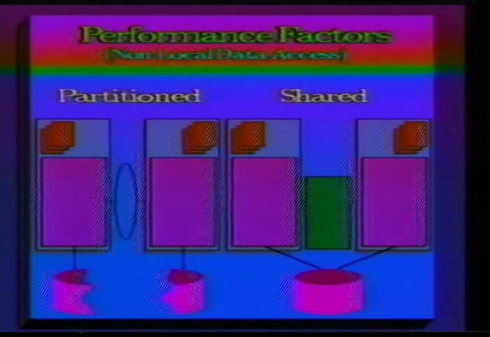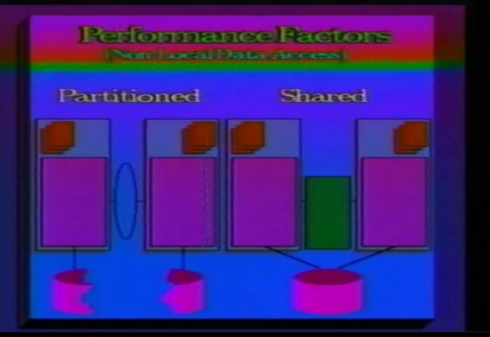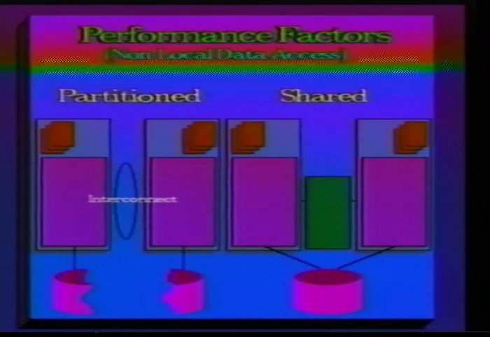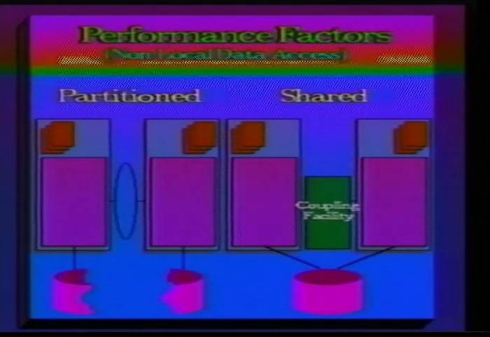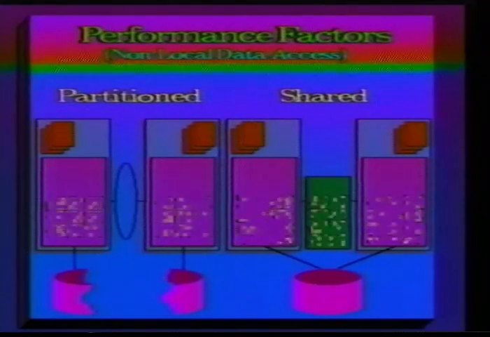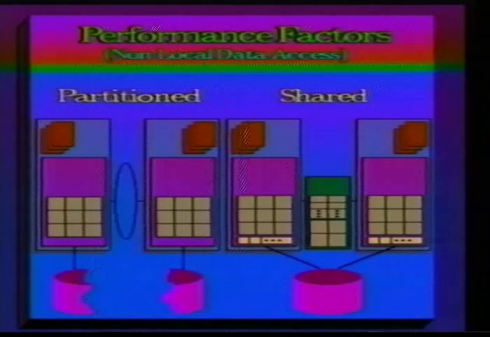Here we see the familiar diagrams which have been enlarged and rearranged to help in the presentation of these concepts. The application programs, the database managers, the interconnect for inter-system communication, and the coupling facility that provides communication and serialization functions.